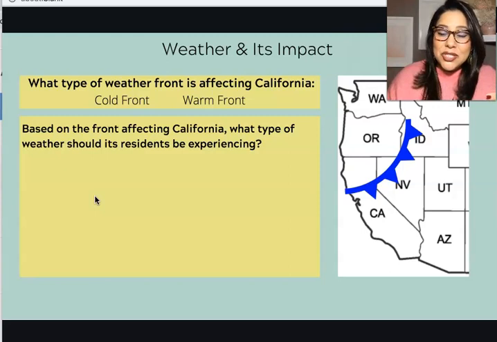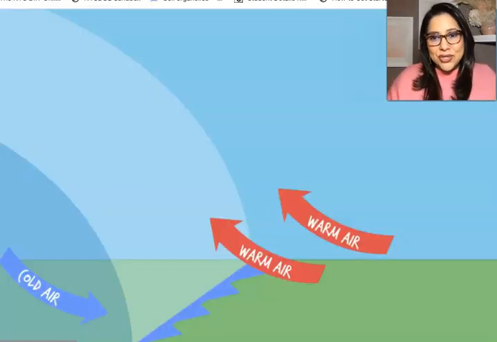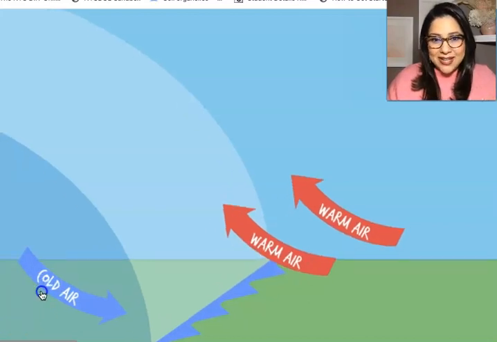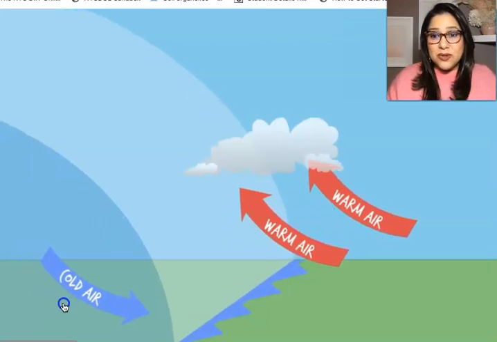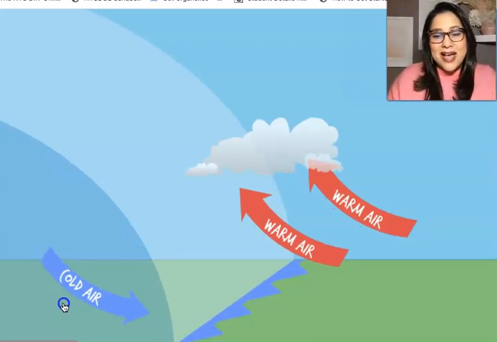Now, let's go back to our simulation from the previous video to explore what type of weather cold fronts bring. During a cold front, a cold air mass clashes with a warm air mass and pushes it out of the way. As the cold front moves in, the warm air is forced to move upwards, and as it moves up, it starts forming clouds.